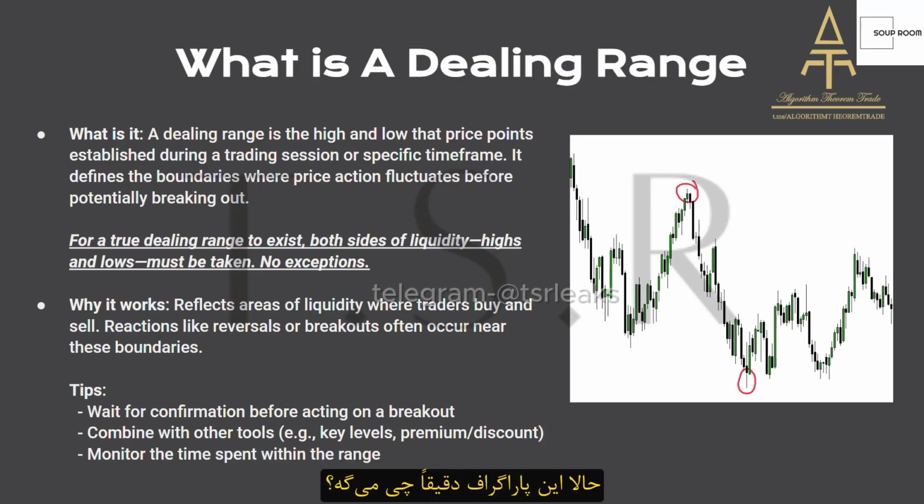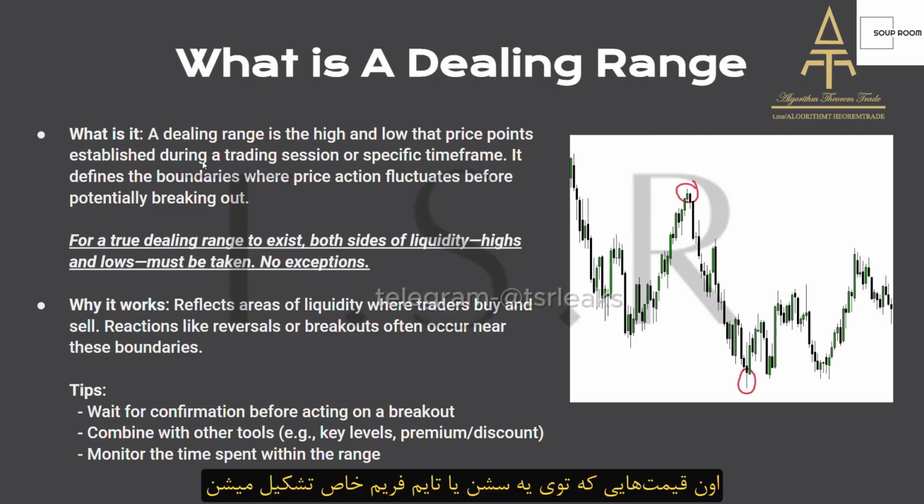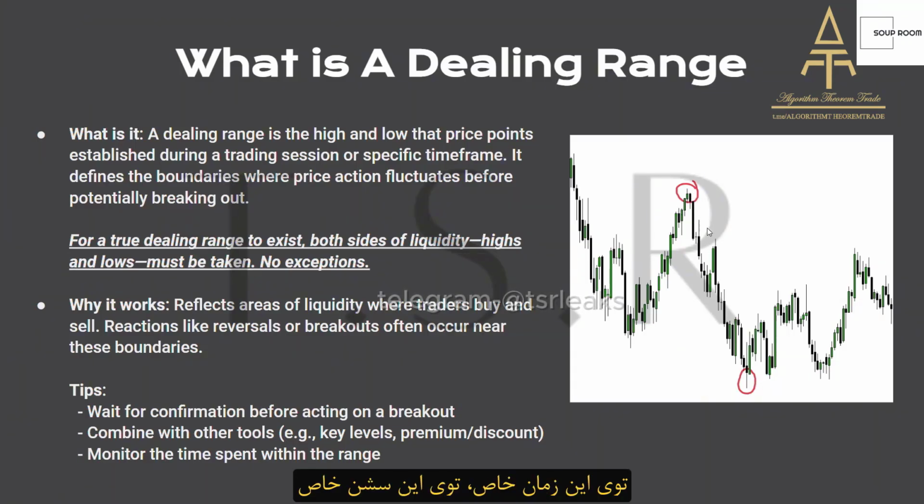So what does this paragraph actually mean? First off, a dealing range is the high and low that price established during a trading session or a specific time frame. During this specific session, price formed a high and low.